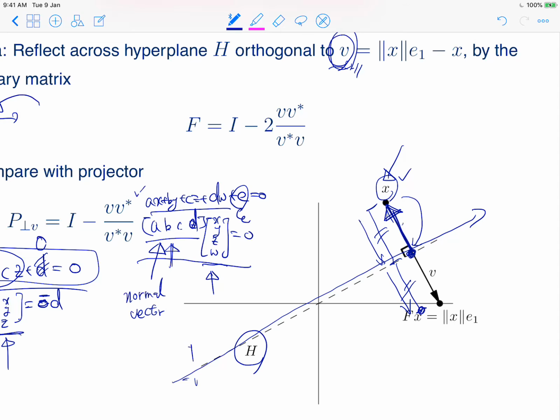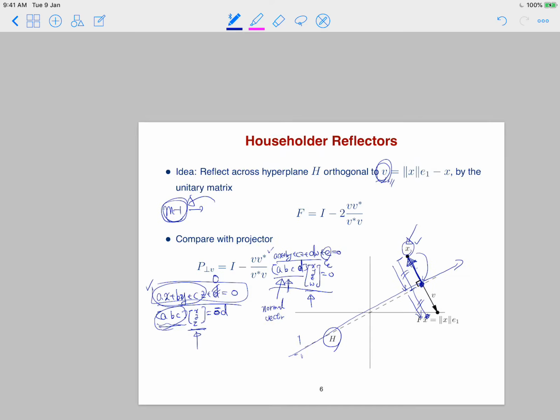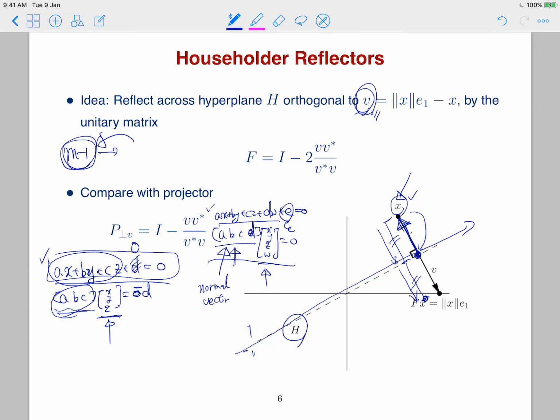Okay, so how do you obtain this reflector operator as a linear combination? Let's first think of the projector. Once we obtain this point as x hat, how can we represent this reflected point?